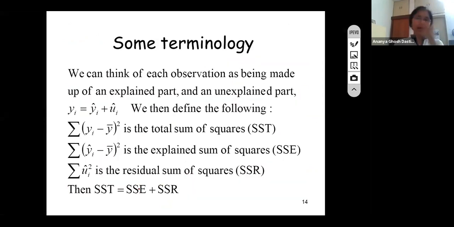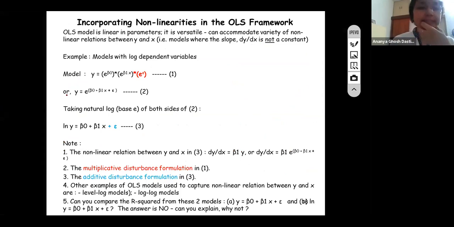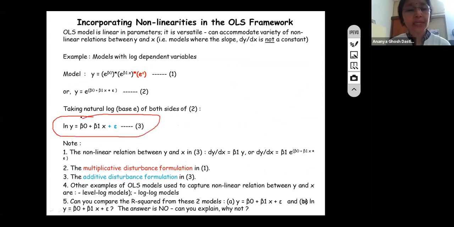So what we started with was this particular thing. We ran a regression of log of a dependent variable on an explanatory variable called x. So the dependent variable is in log form and the explanatory variable is in level form. And this is my error term.